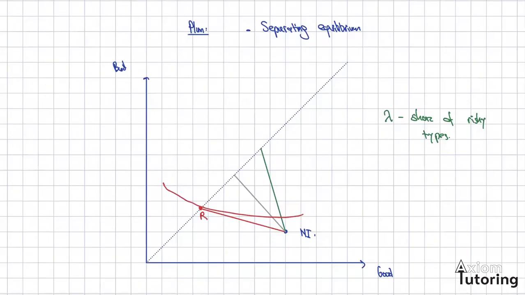And where this intersects with the safe type, that's the package that the safe type is going to get. And there I can also draw an indifference curve, if I like, of the safe individual. Remember from a previous video, this indifference curve will be steeper.